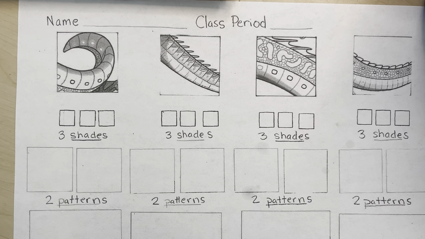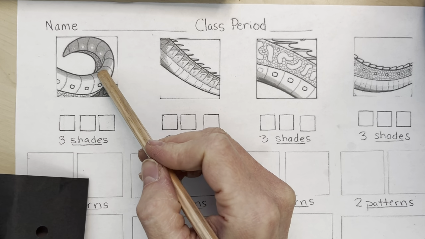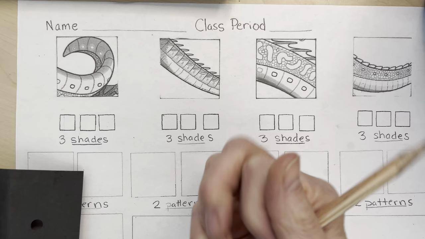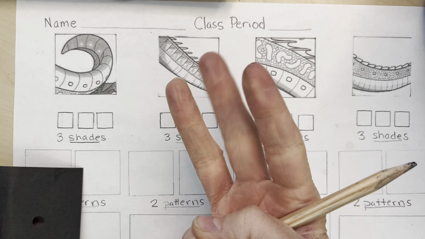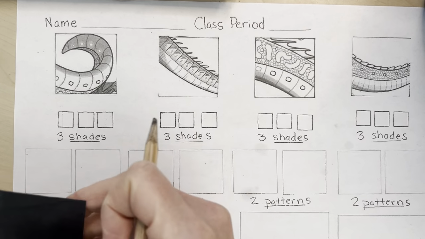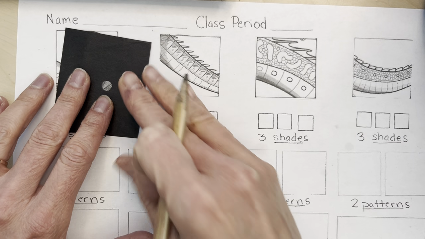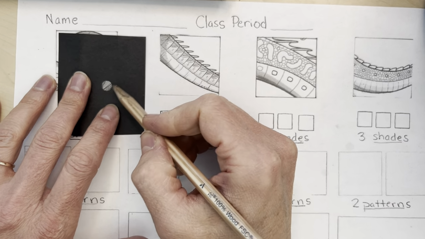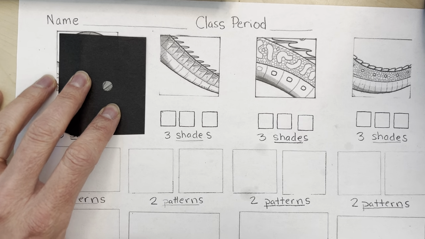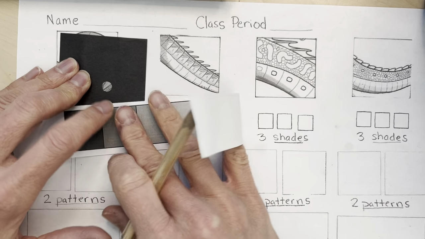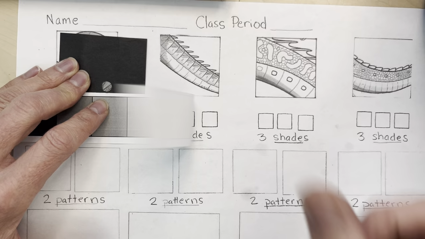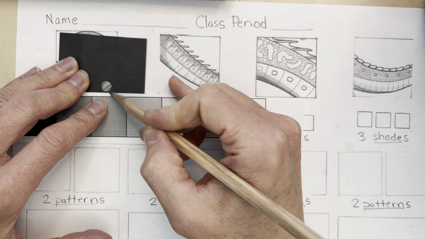Today we're going to enlarge an image using a grid and practice adding value for depth. So looking at this first image, we're going to choose 3 different shades that we can see. So I'm just putting my viewfinder over one of the shades and trying to match that shade. Looks pretty similar to this.